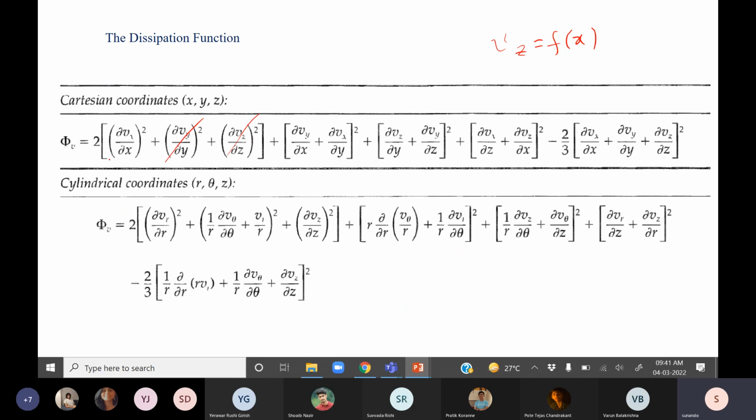This is del Vx, del x. Vx is not present. Vy is also not present. Vx is not a function of y. Vz is not a function of y. Vy does not exist. This is Vy by dz, so this term will also not be there. Vz dx. What about this term? Someone tried to say something?